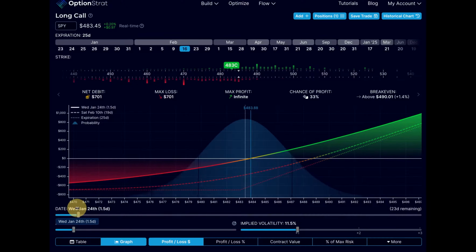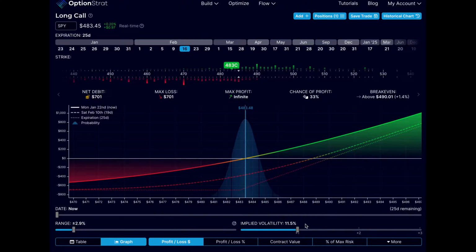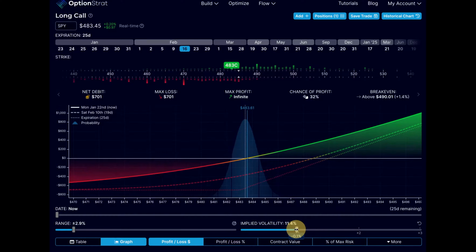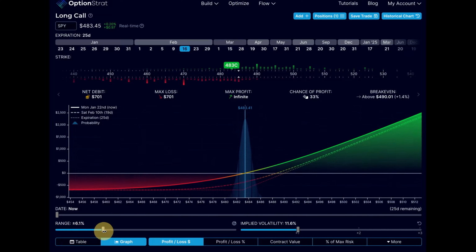Now, I can also model the implied volatility here. I can see, well, what happens if volatility increases? What happens if volatility decreases? So I can play all those different variables here and model out how this is going to look. And of course, the range, much like it did in the table mode, just shows me more of the graph.